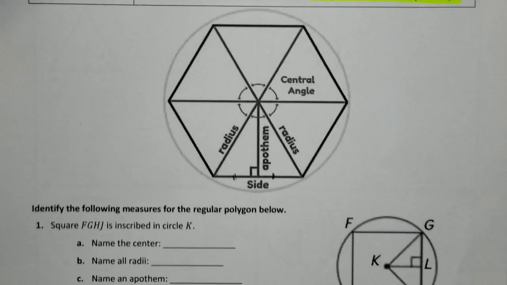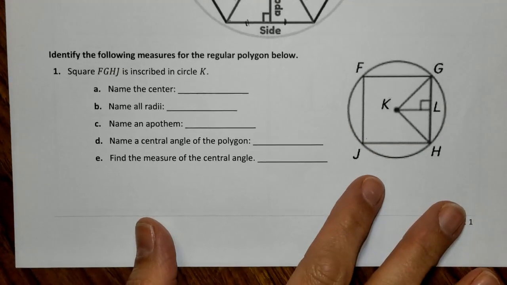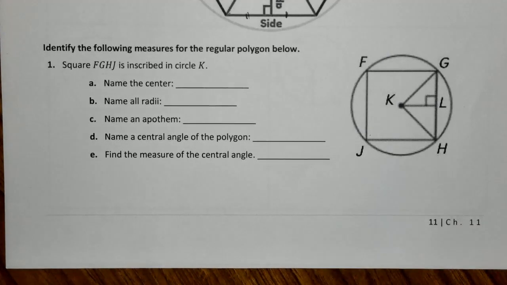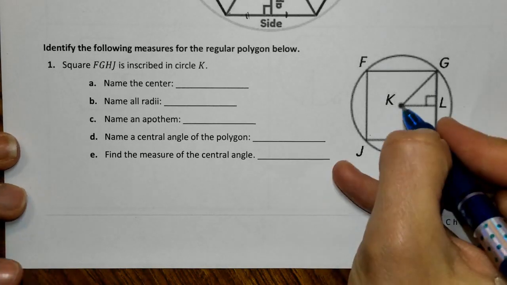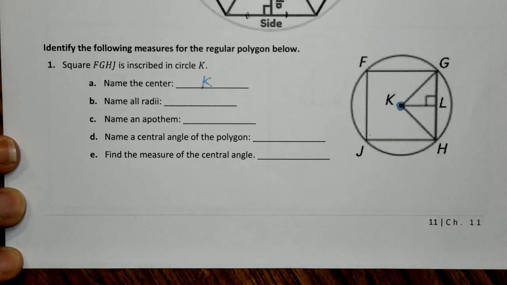Now let's go ahead and take another diagram here, and let's identify these different parts. In square FGHJ, it's inscribed inside circle K. So circle K is going to be the circumscribed circle. We're first going to name the center. We'll find the center of the circle right there, and it's just a point K. We're going to go ahead and name all the radii.